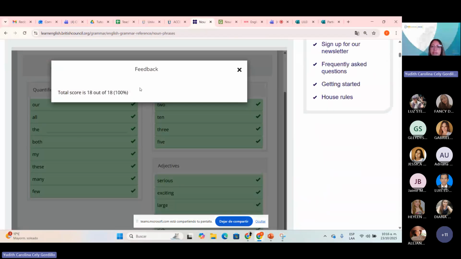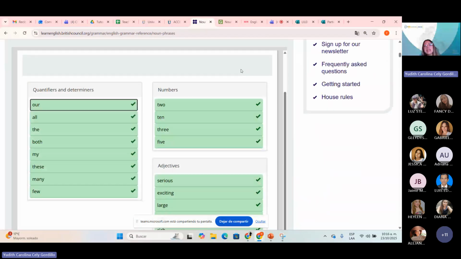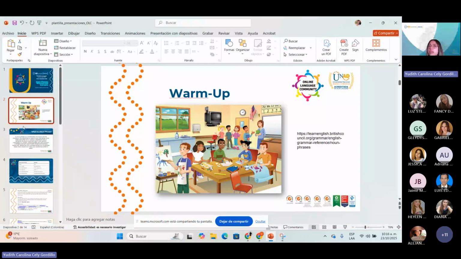Okay, perfect, student, you did a good job. This is the idea. When you have a statement, it is important that you can classify each part of it. This is the quantifier, the word is a noun, the word is an adjective, the word is a number. It is important when you have a statement to identify the different parts of it.